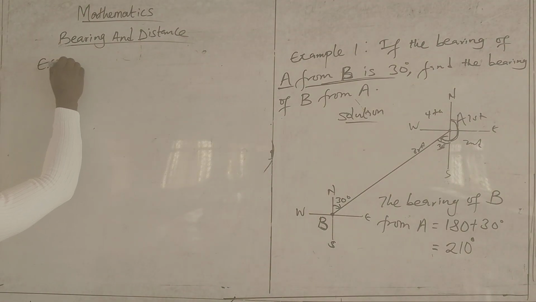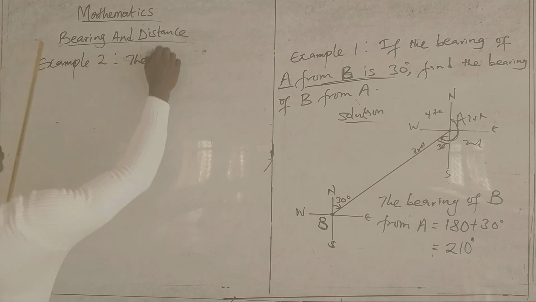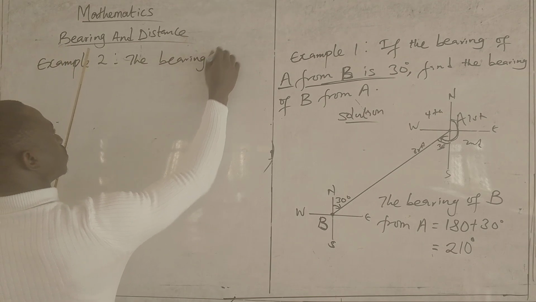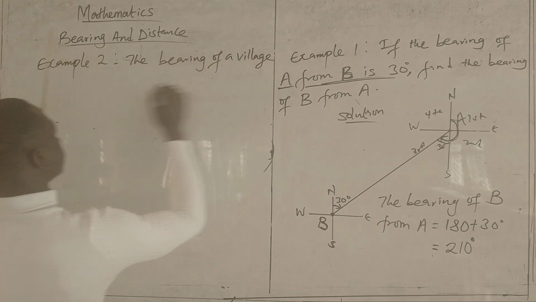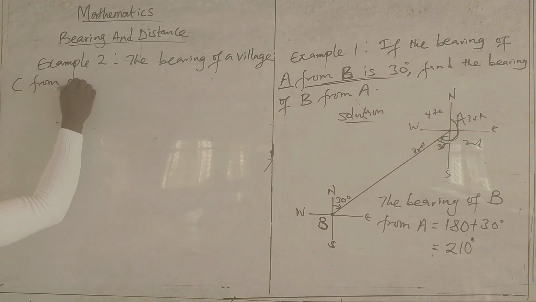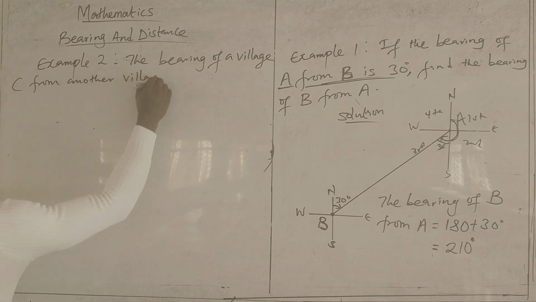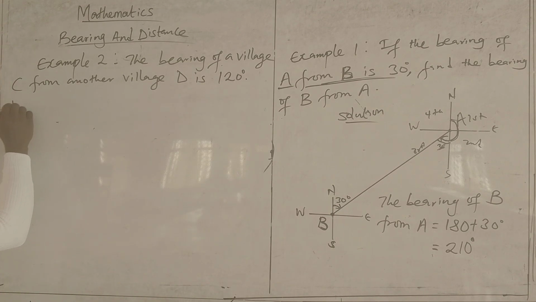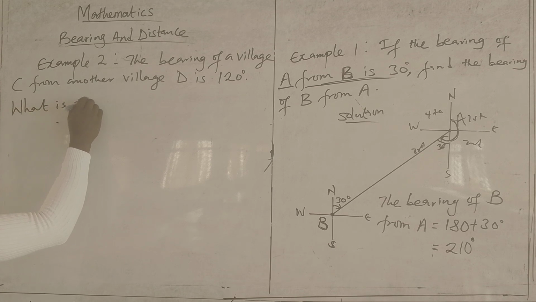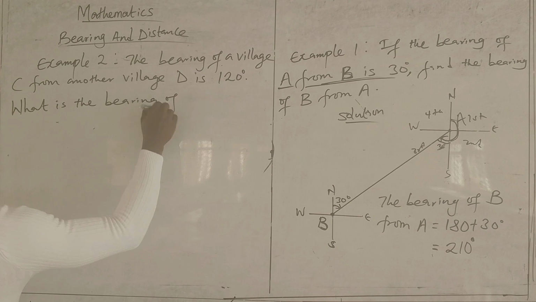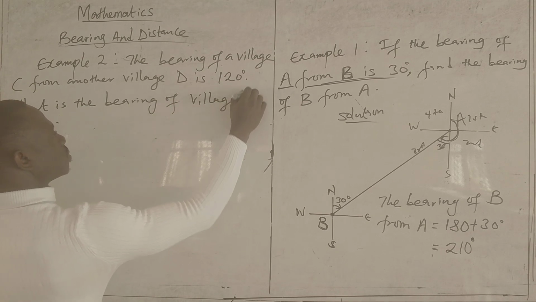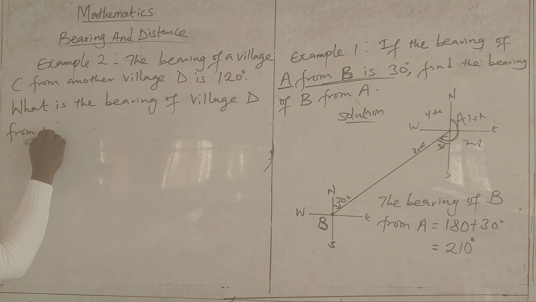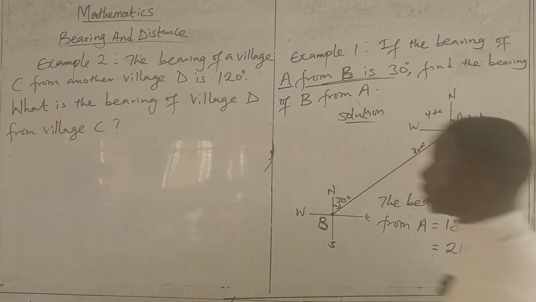Example 2. The bearing of a village C from another village D is 120 degrees.